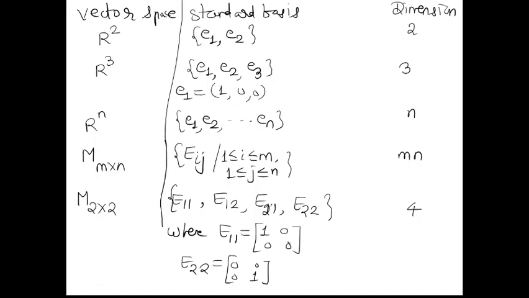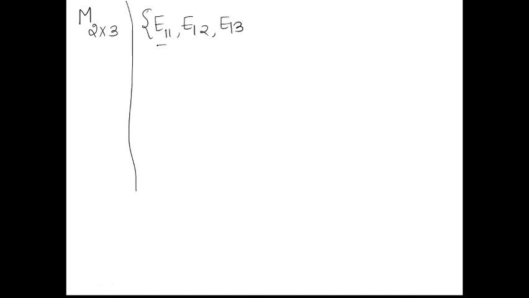Now let us try to understand this with the help of another example. If we have a matrix space of size 2 by 3, how many elements will be there in the basis? In the basis we have 6 elements. What are these 6 elements? The 6 elements are E11, E12, E13, then E21, E22 and E23.